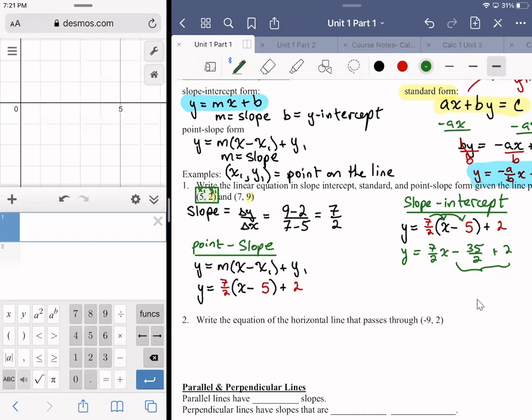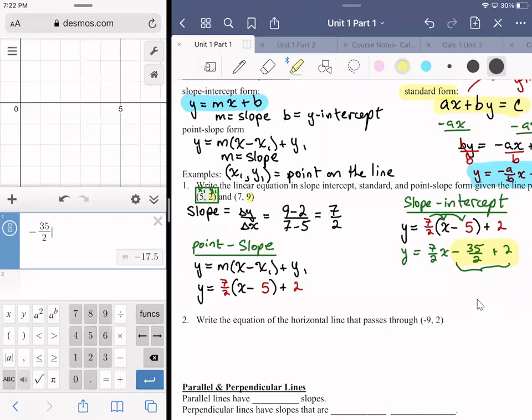So if I wanted to type in just this expression here, I don't need the x stuff because that's already simplified, just this piece. I would first type in my minus, then I would type in a division symbol to bring up a fraction bar. Then type in my 35/2, click or tap into the numerator to type in the 35, then click or tap into the denominator to type in the 2.